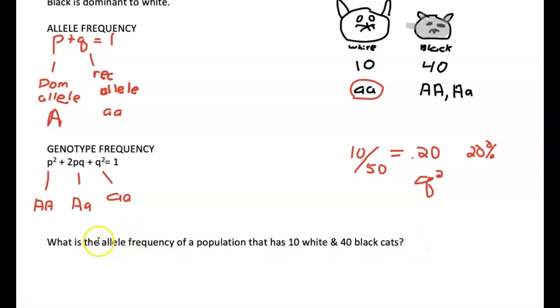Or maybe it says, what is the dominant allele frequency of a population that has 10 white and 40 black cats?